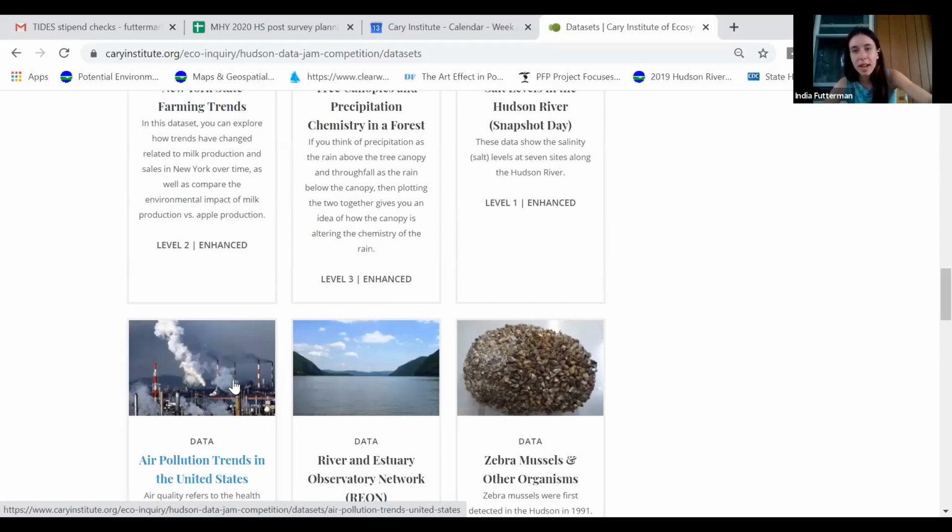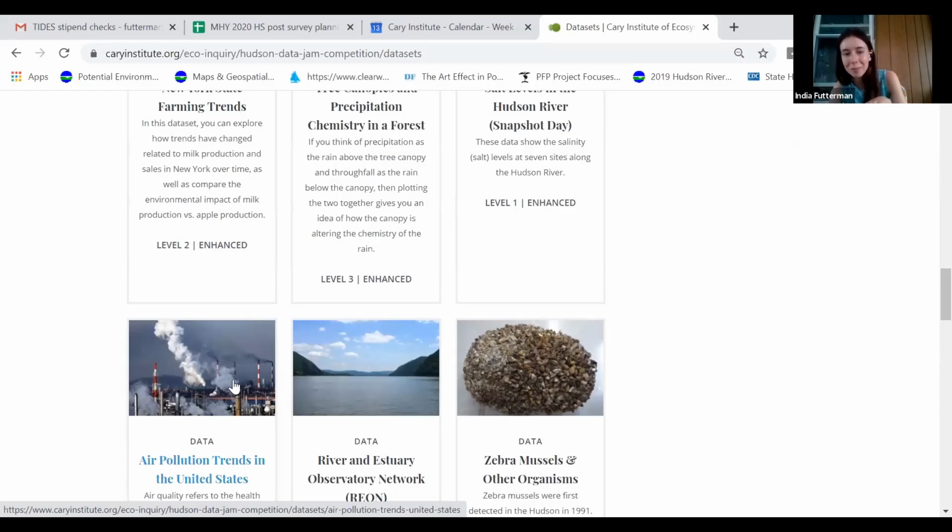And we divide our data sets into 3 levels. Level 1 would be the easiest to interpret, only a few variables. A really clear trend is illustrated in the data. And again, fairly easy to tell that story. So the zebra mussels are a level 1 data set, which is not to say that it's less valuable, but it's good for introductory learners and students who are just starting with data literacy and data exploration.